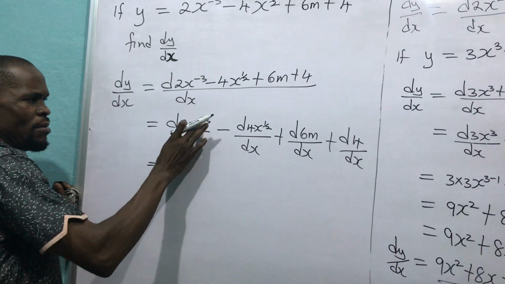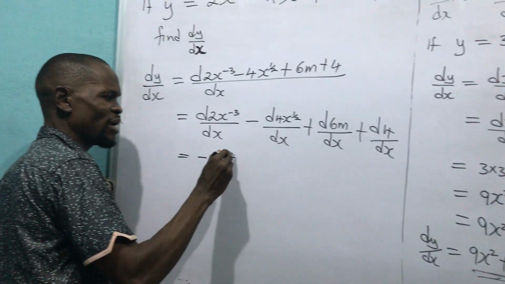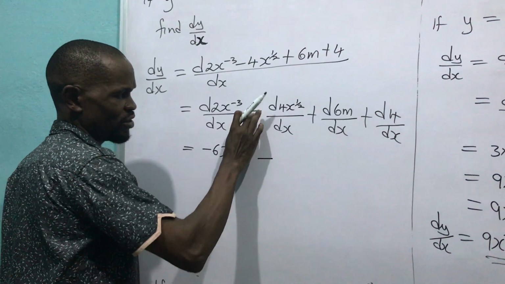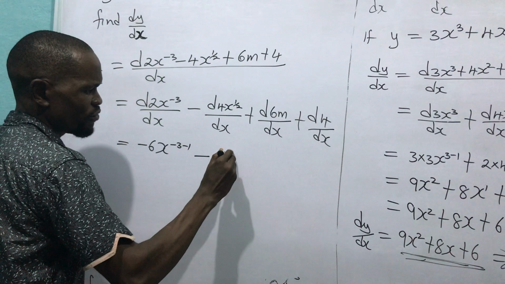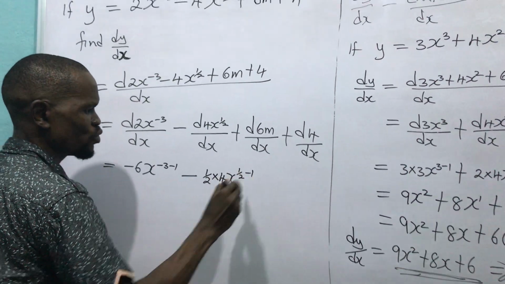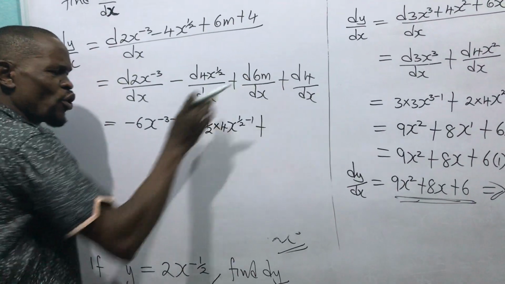Then this term will give me minus 6. You know what I did? Minus 3 times 2 will give me minus 6x raised to power minus 3 minus 1. Then minus this, I have 1 over 2 times 4x raised to power 1 over 2 minus 1. And I will have this plus. This term does not contain x.